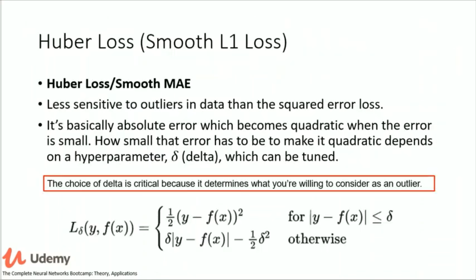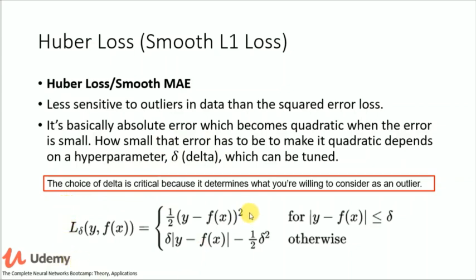So this is the Huber loss. Again, it's also called the smooth MAE, or smooth L1 loss, and it's less sensitive than the MSE. Basically, it's just the absolute error, the L1 loss, and becomes quadratic when the error approaches 0, or when the error is small. How small that error has to be to make it quadratic depends on a hyperparameter delta. This is the formula for the Huber loss.